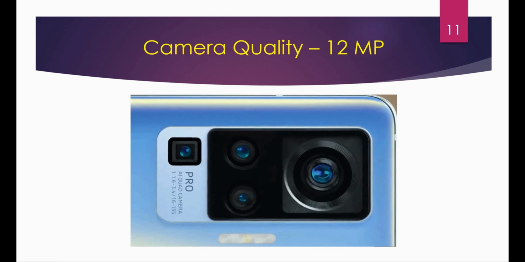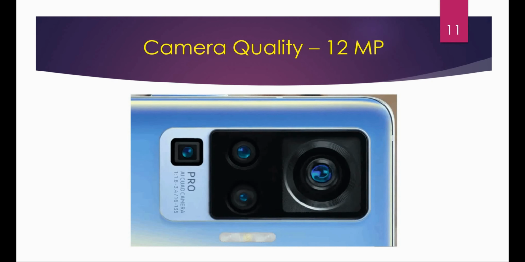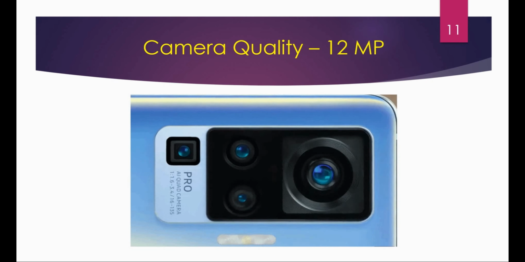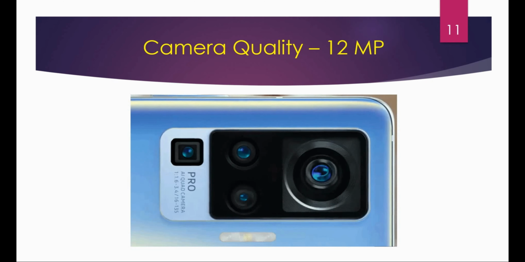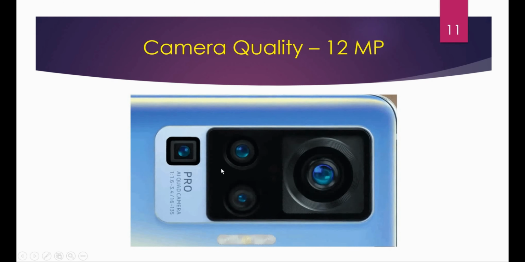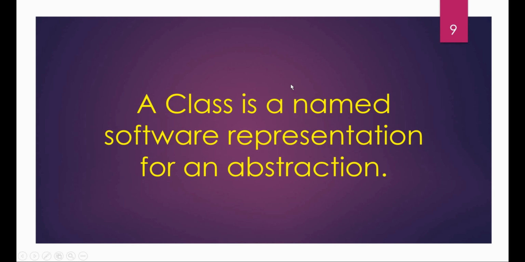And as you can see, abstraction again occurred in this process because we just got our final result. We didn't have to go through the background process. We didn't have to interfere with the background details. Nothing, just the final result. So those were the examples for this statement: a class is a named software representation for an abstraction.